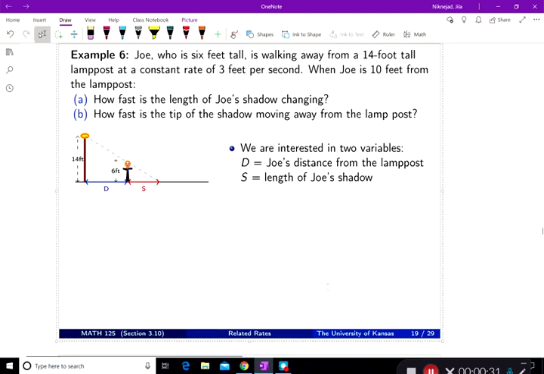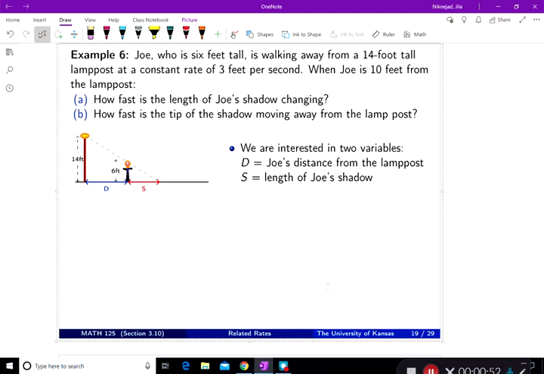Let's remember this. Rays of light are straight lines, and we can imagine that the rays of light above somebody's head are going to go in a straight line.